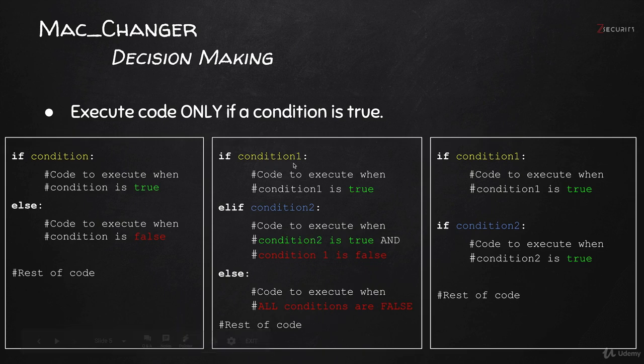If condition 1 is false, it'll check if condition 2 is true. If it is, it'll execute the code here and exit, go to the rest of the code. If all of the conditions are false, it'll execute the code in the else statement and then go to the rest of the code. So this is an example of using multiple conditions in one single if statement.